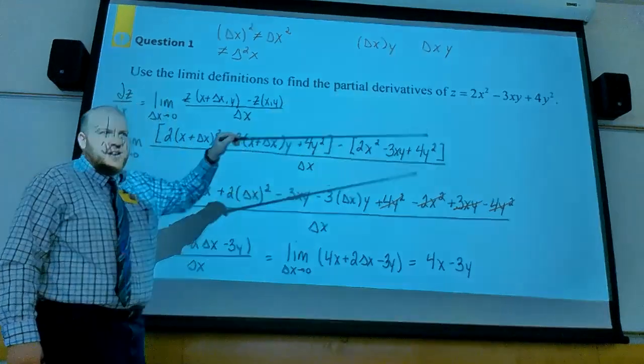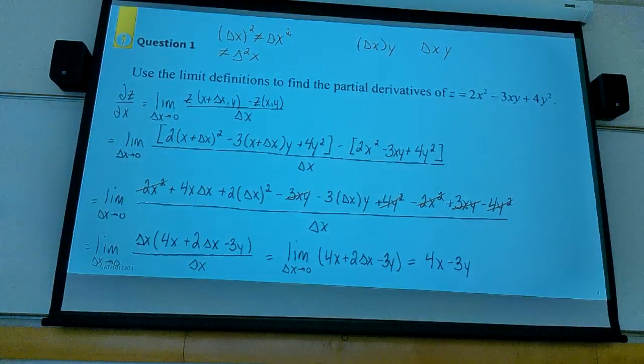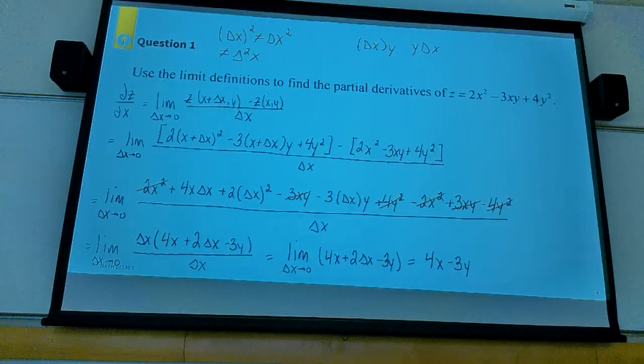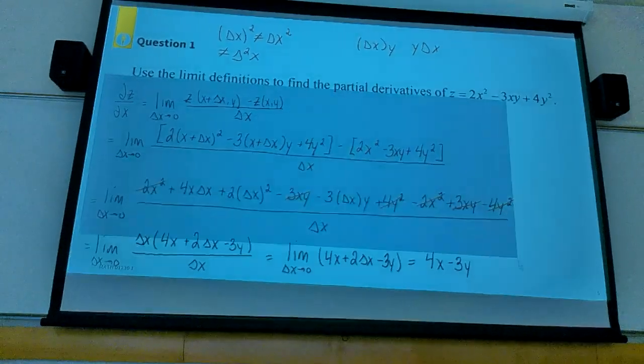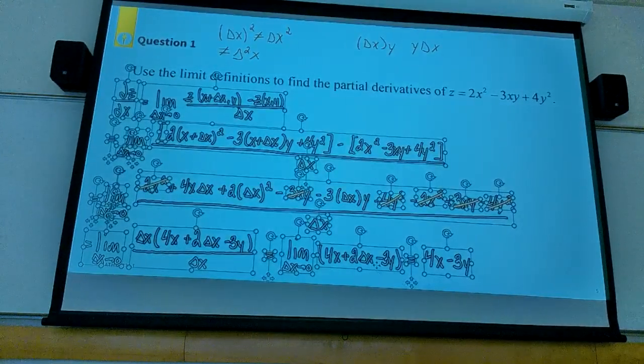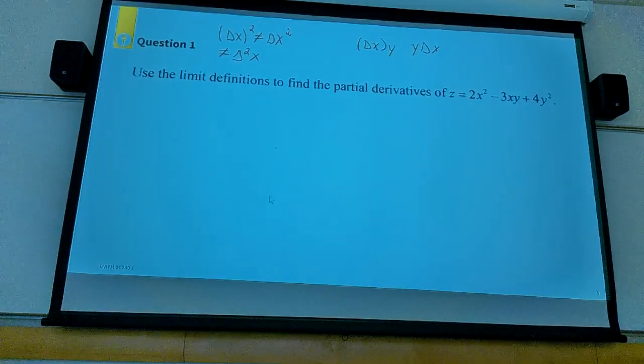Either put parentheses around your delta x, or write your y out in front. I'll leave that up there.